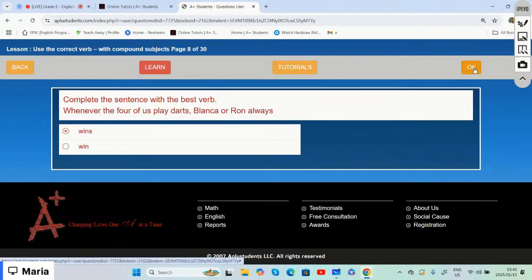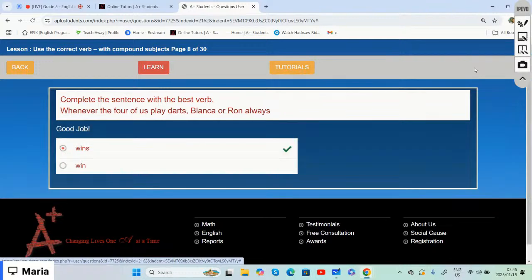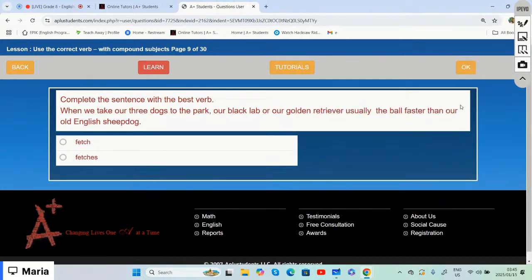Wins. So if our subject is singular, then our verb is singular, right? Then it means that it either ends in S, ES, or IES. And if it is plural, then it does not end in S, ES, or IES.